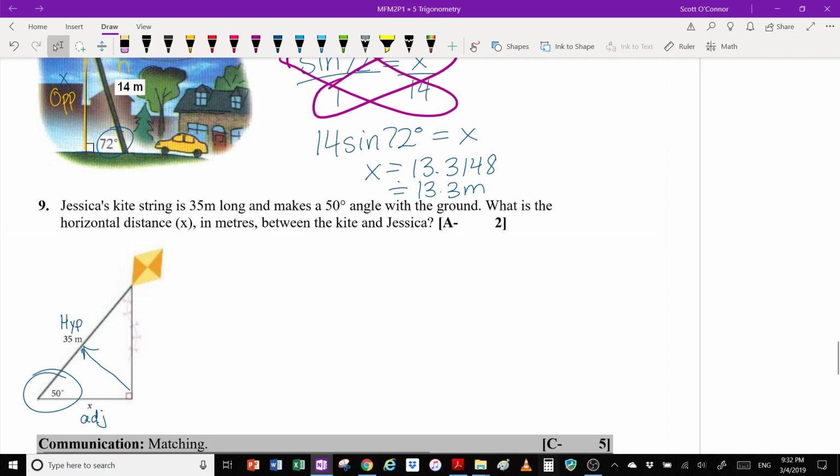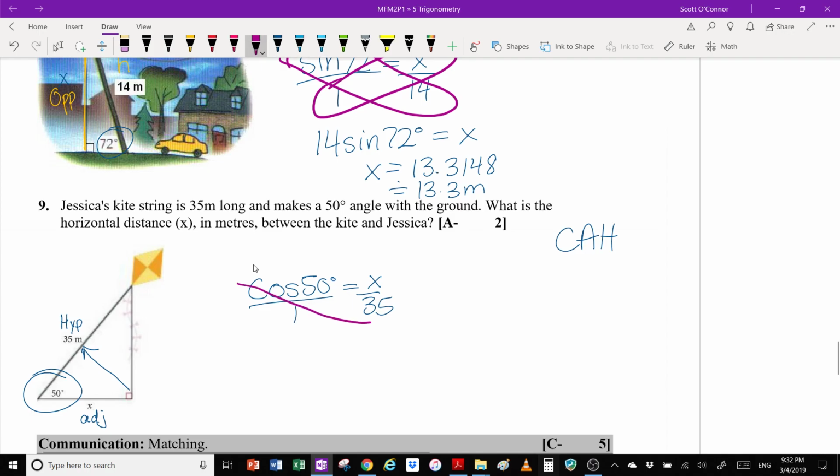Which of the trigonometric ratios uses adjacent and hypotenuse? The answer is CAH, adjacent over hypotenuse. So I then do cos 50 degrees is equal to x over 35, over 1.